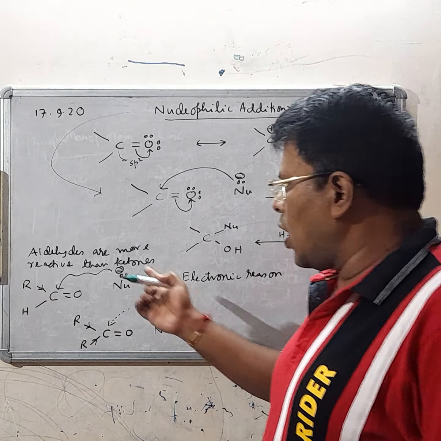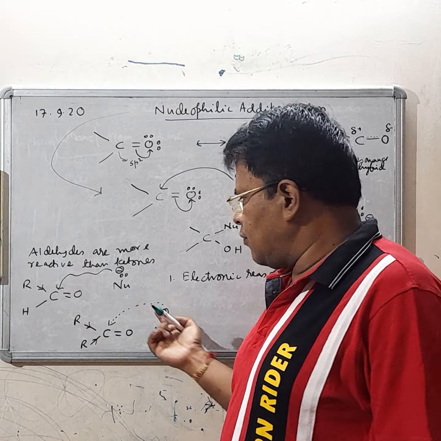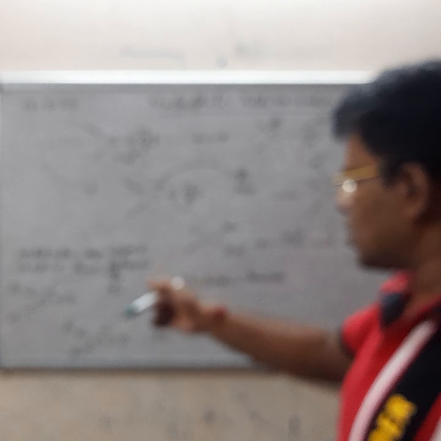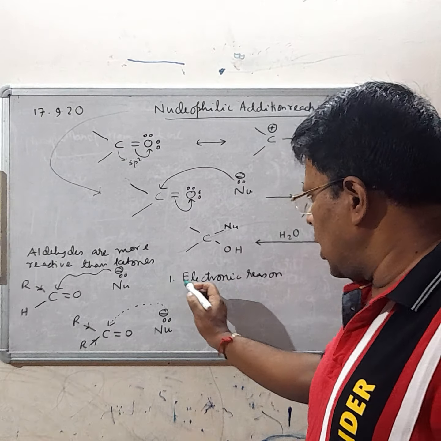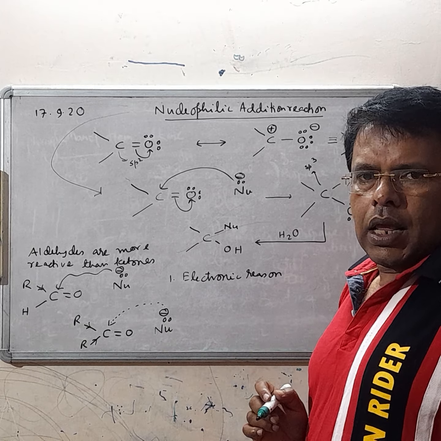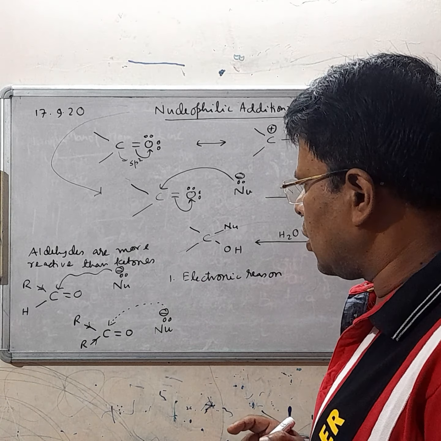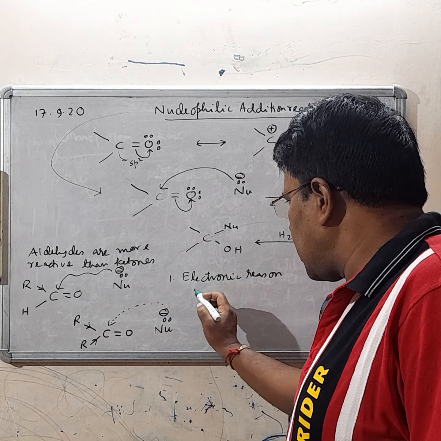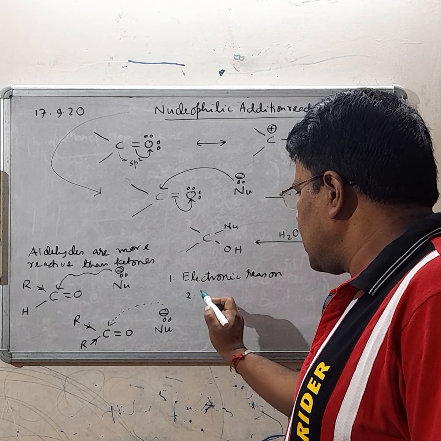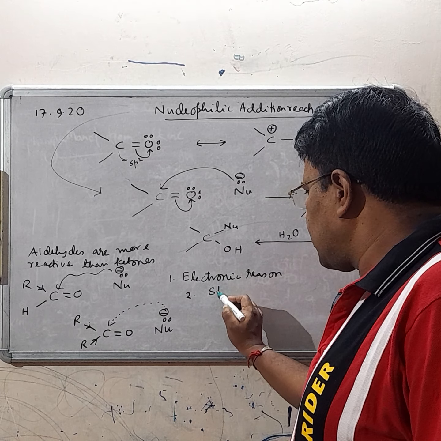So that is the reason why aldehydes are more reactive than ketones, and this is what is known as the electronic reason. We can give another reason for this explanation, that is a steric reason.